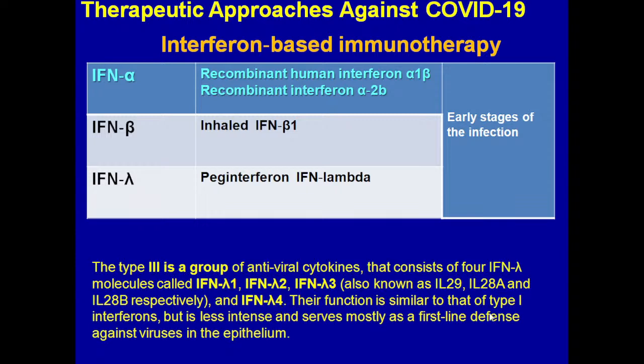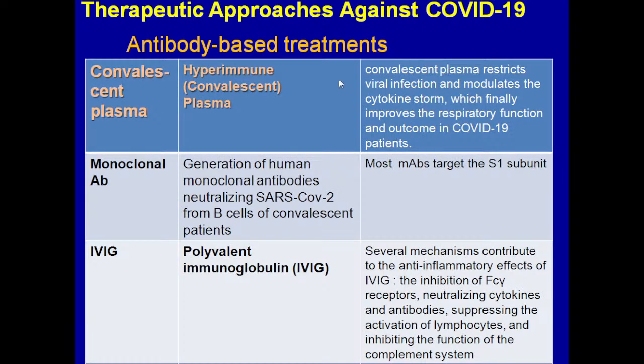Their functions are similar to that of type 1 interferon, which has direct antiviral activity, but they are less intensive and serve mostly as a first-line defense against viruses in the epithelium. So they are supposed to be used in early stages of the infection.